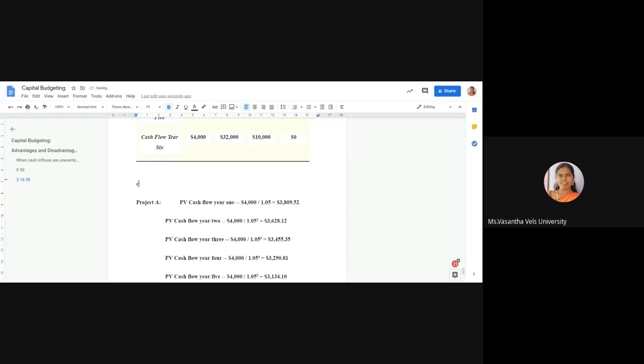Cash flow divided by 1 plus cost of capital, or here the discount rate.